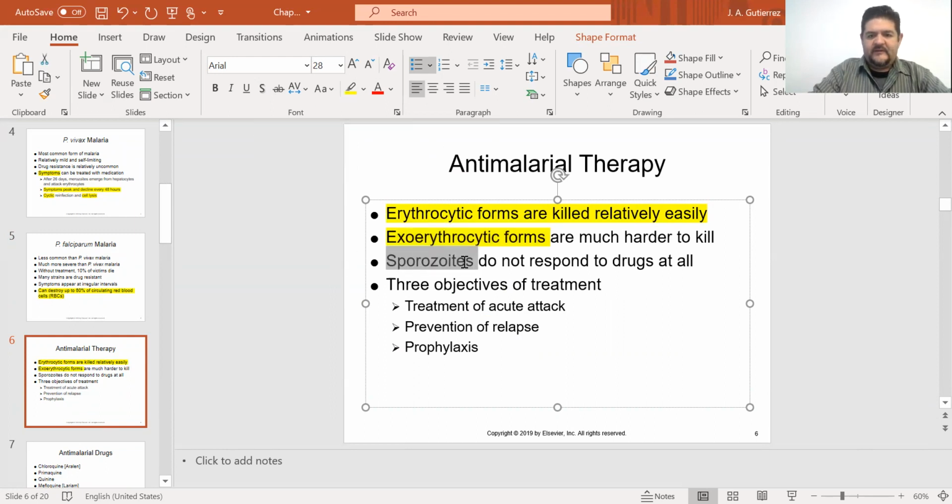These are, we can say, the tiny eggs. Every time a parasite divides, they lay out a bunch of eggs, and that's what we call sporocytes. And because they're in an egg-shaped form, they have a capsule that protects them from other drugs that would otherwise kill them.